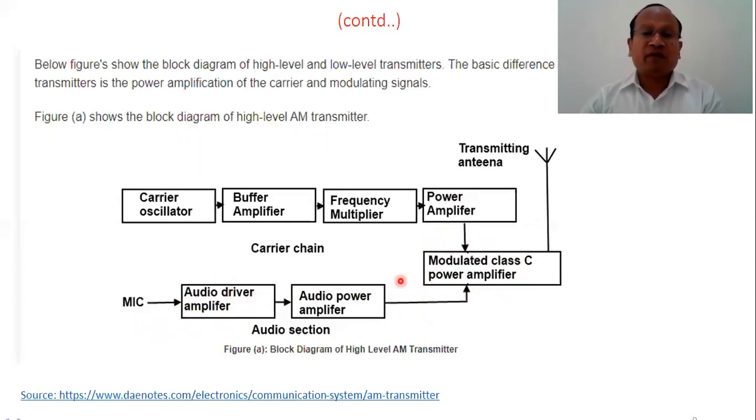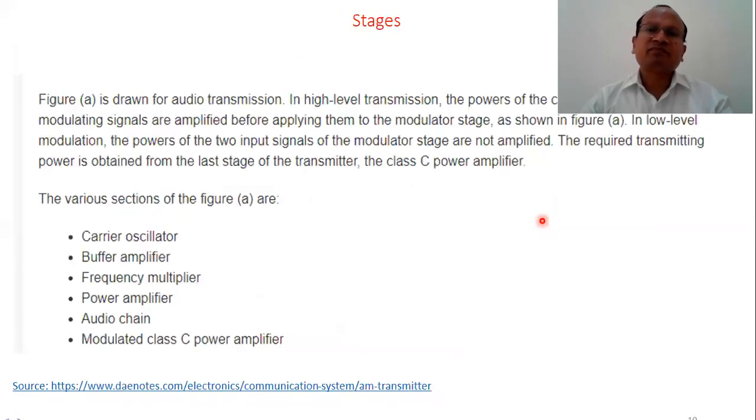After pre-amplification, we send it to the audio power amplifier so that the power level of the message signal is appropriate. Then both are fed to the modulated class C power amplifier, where a high power, more efficient, powerful AM signal is generated and fed to the antenna, which transmits it.